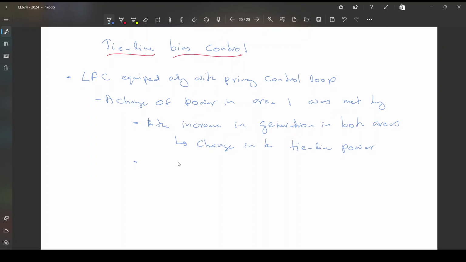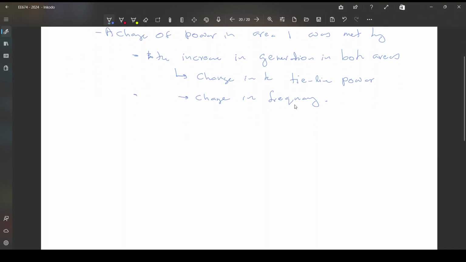So the change in frequency, right? The challenge here is to keep the frequency at its nominal value, or very close to the nominal value, which is 50 hertz in our case.